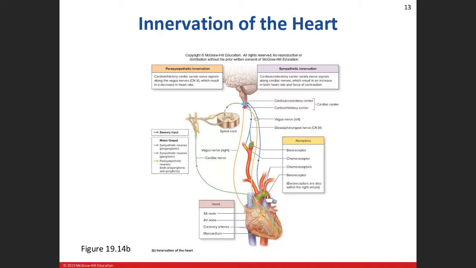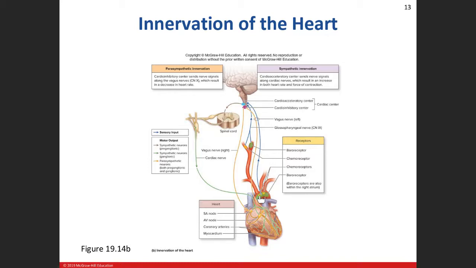You have some receptors monitoring the content of our blood, of respiratory gases, our chemoreceptors, and then how high or how low our blood pressure is, and that's going to be the baroreceptors. The baroreceptors and chemoreceptors are located up near the carotid arteries, and then down here in the arch of the aorta, which makes sense, because you want what I call an early detection system right off the bat, blood coming right out of the aorta.